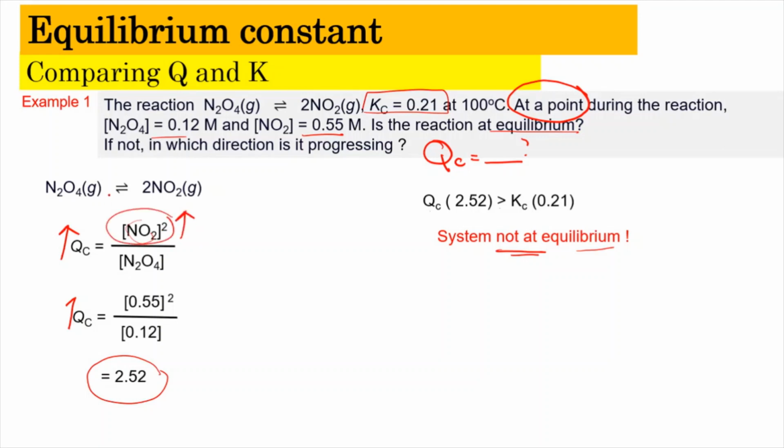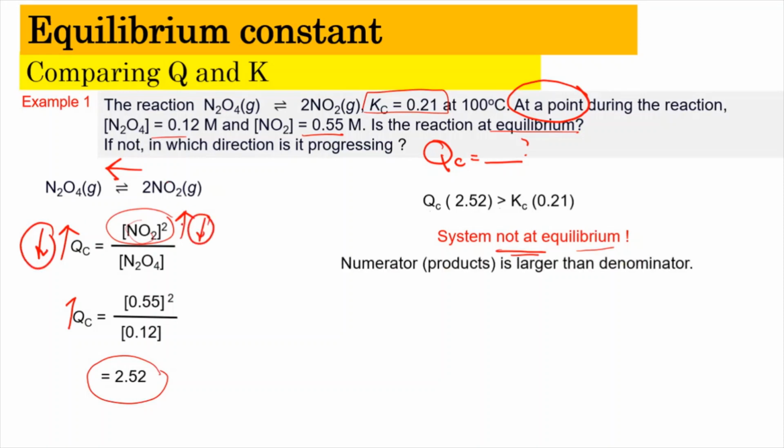As a result, we need to shift to the left so that our QC can be reduced when our product is decreasing. So we can say that the reaction will proceed to the left until QC is equal to KC in order for it to reach equilibrium.